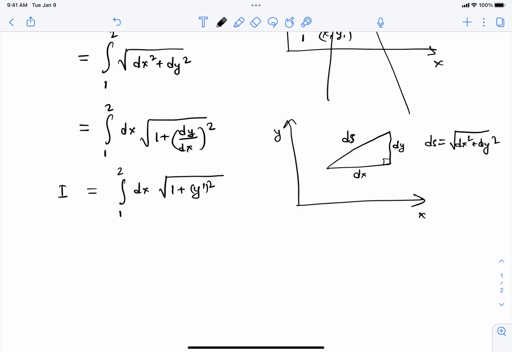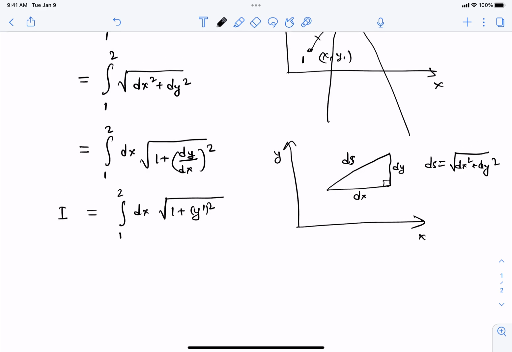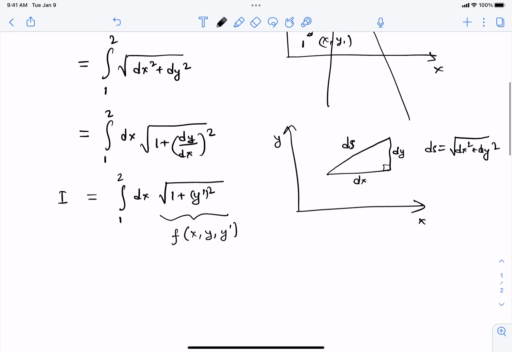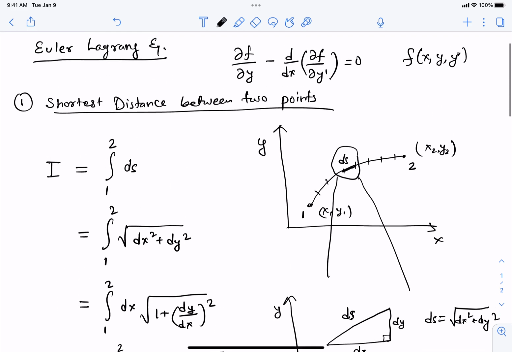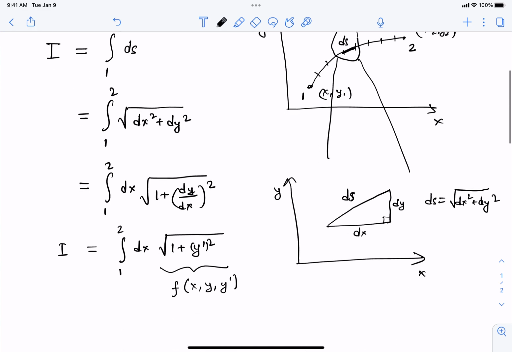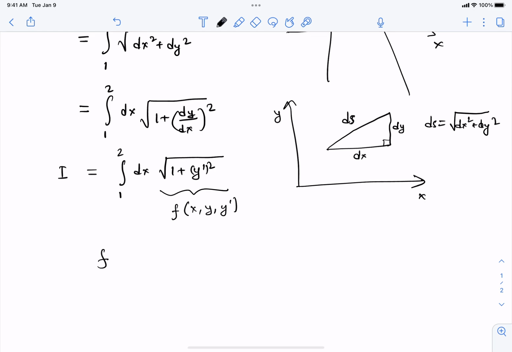Now this is very similar to the integral that we extremized to get our Euler Lagrange equation. The only difference is that instead of the function f of x, y, y prime, we have the square root of 1 plus y prime squared. So simply we can write f of x, y, y prime is the square root of 1 plus y prime squared.